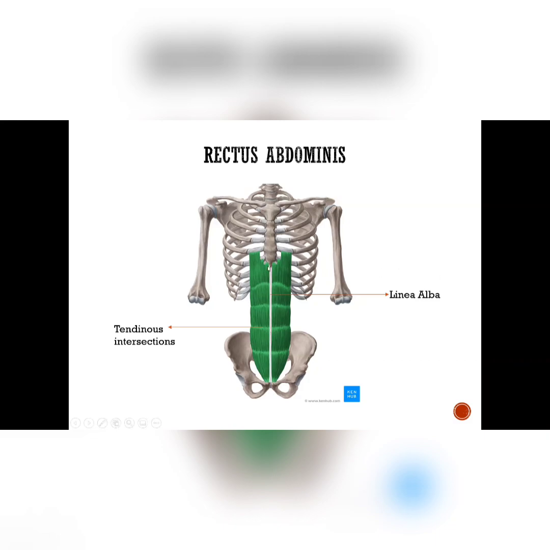When you look at this diagram, can anyone tell me what is the attachment of linea alba? How is it attached superiorly and inferiorly to what bony landmarks? You can just tell me what you know based on the diagram. What do you think? Xiphoid process to pubic tubercle.